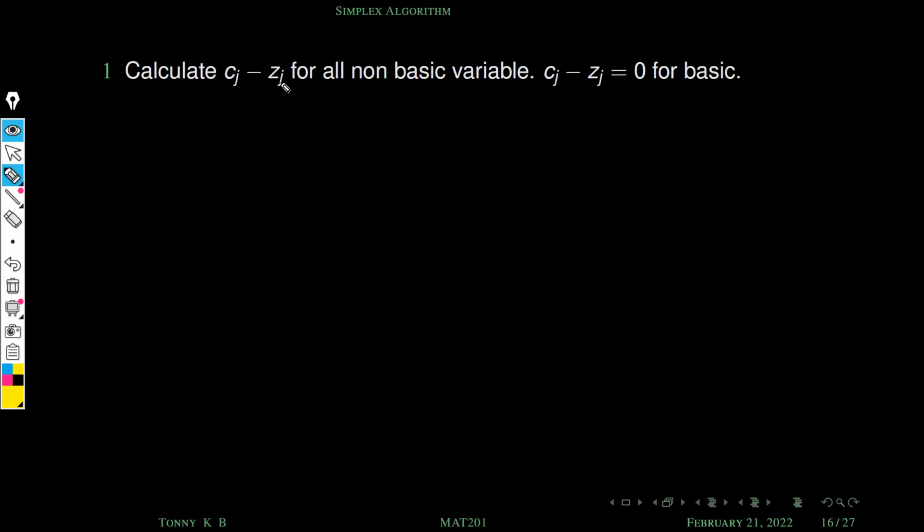Anyway, we have to evaluate Cj minus Zj for non-basic variables, because in the case of basic variables, they are always 0. So there is no need to evaluate Cj minus Zj for basic variables. If you evaluate, no problem, that is again 0.